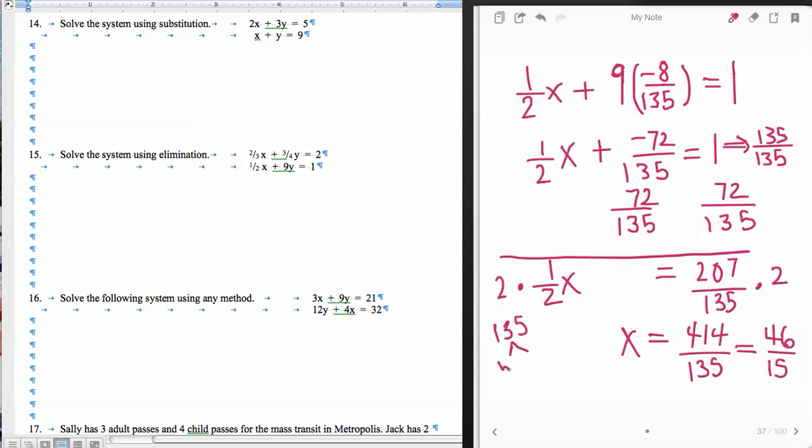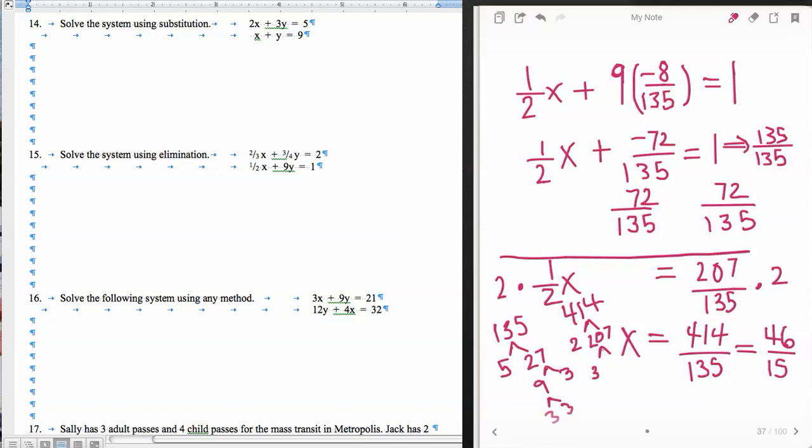And the other way we could do that is, of course, we could take 135 and break this down. We know it's divisible by 5, so 5 will go into 13 2 times, 3 left over, so 27. And then this we know is 9 times 3, and this is 3 times 3. So we could break that down, and then we could also break 414 down, and we know that's divisible by 2, and 2 goes into 4 2 times, and then 207, we know that that is going to be divisible by 3, because 2 plus 0 plus 7 is 9, which is divisible by 3.